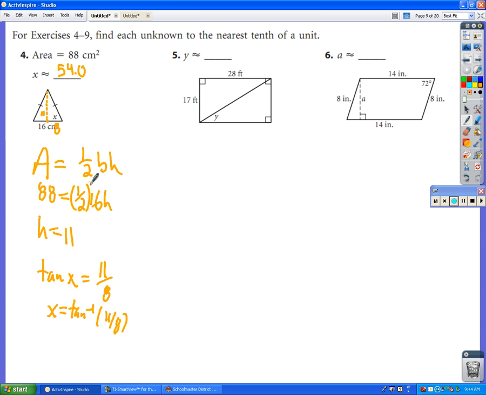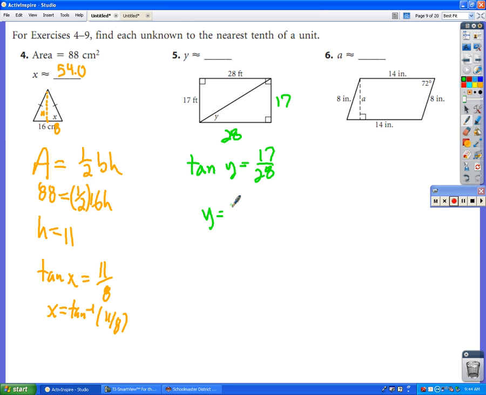Okay? All right, same deal for this one over here. If I know that this is 28, what's this? 28. If this is 17, then that means this is also 17. So what trig ratio can I use to find y? Opposite over adjacent, which is tangent. So the tangent of y equals 17 over 28.